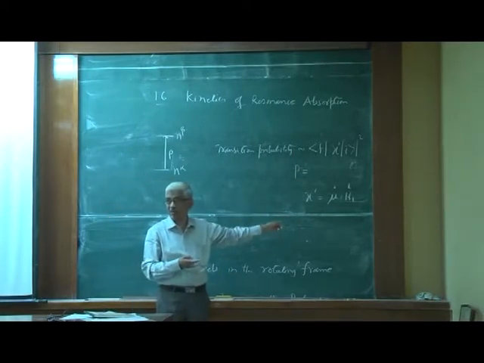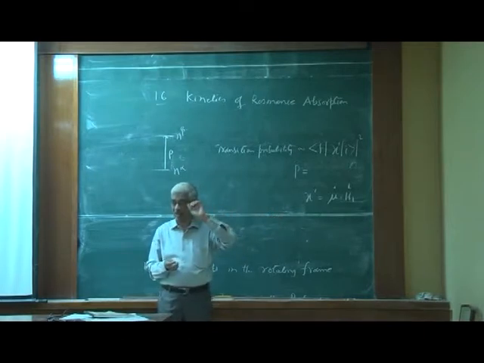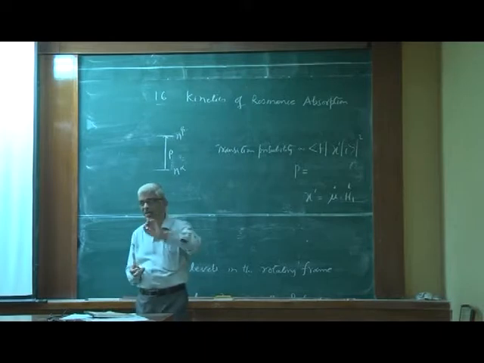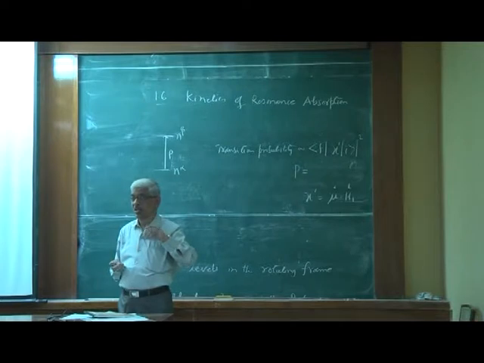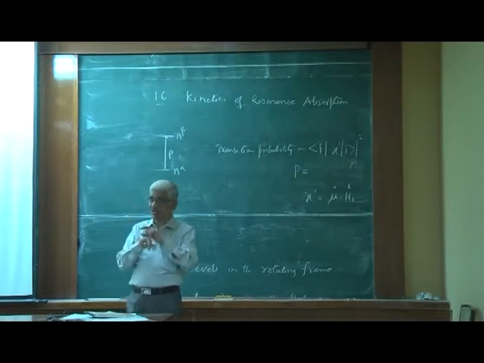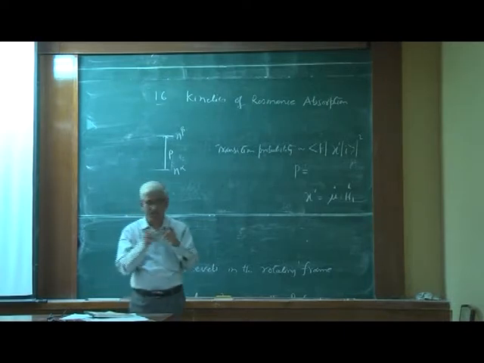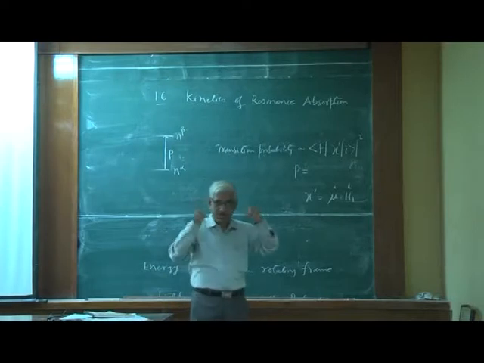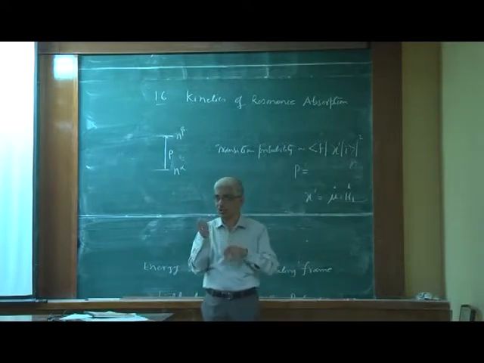RF is applied externally, and I am calculating the transition probability due to this only. The net transition, if you want to calculate, you have to include this plus that. Finally, when you want to do the calculation with regard to the energy absorption, you have to include this one plus the relaxation induced transitions.